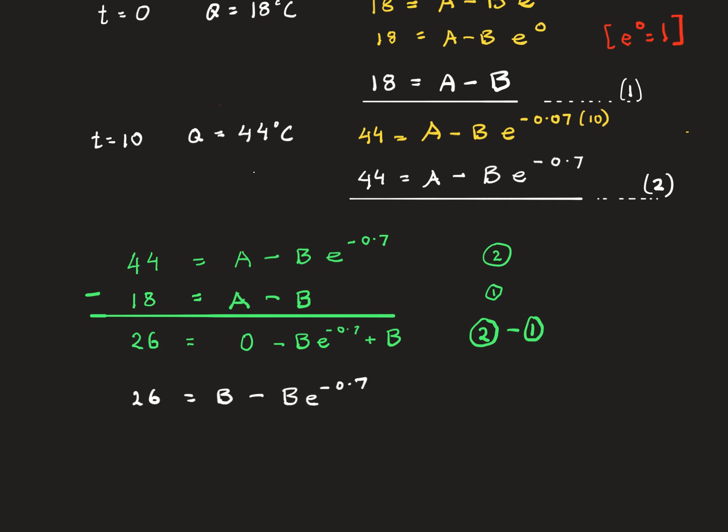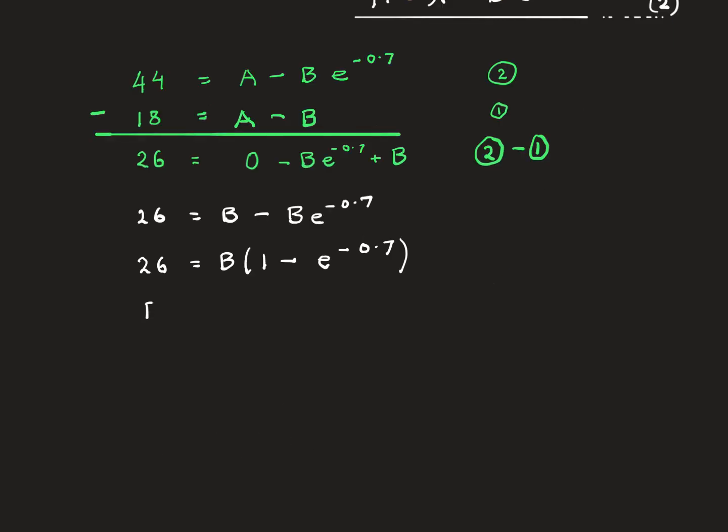Now to solve for B, we'll take the B out and say 1 minus e to the minus 0.7, and therefore B must be equal to 26 divided by 1 minus e to the minus 0.7.